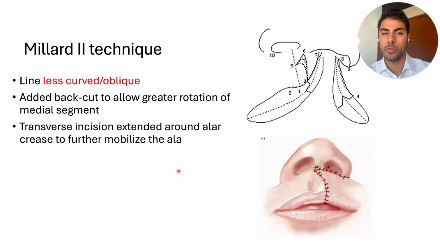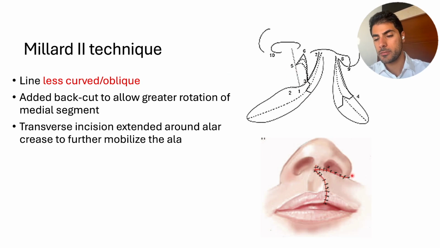So the Millard 2 technique came into play, where he did a less curved line. Okay, so instead of curving it directly, he made it a straighter line going upwards, and he inserted a back cut. What this back cut allowed was to free this philtrum part and allow the downward rotation of the philtrum.